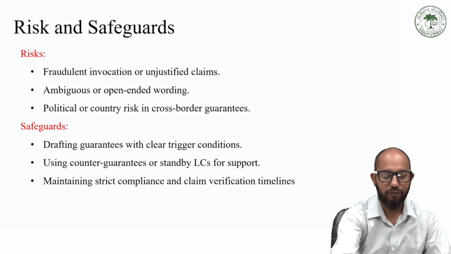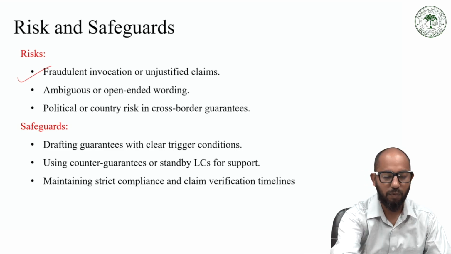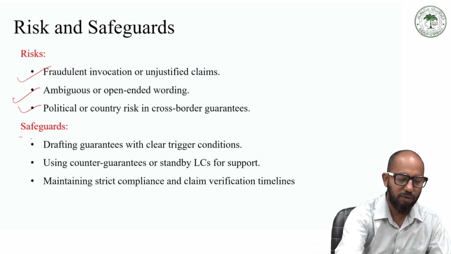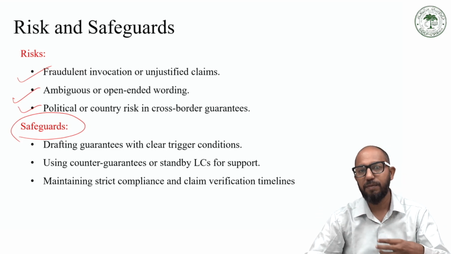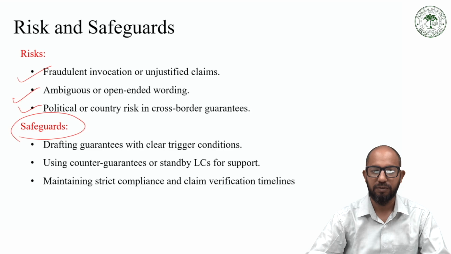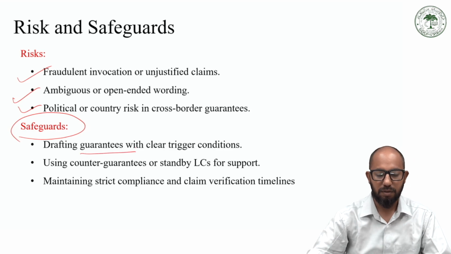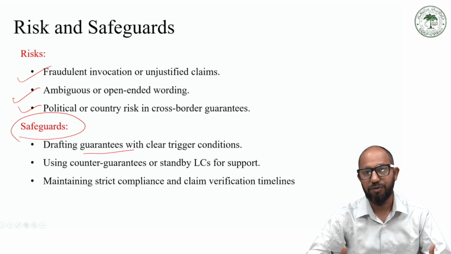Dear students, let us now focus on the risk and safeguards associated with bank guarantees. The risk includes fraudulent invocation or unjustified claims, ambiguous or open ended wording, political or country risk in cross border guarantees. On the other hand, if we talk about safeguard measures that can be used in a positive manner for international trade, they include drafting guarantees with clear trigger conditions.